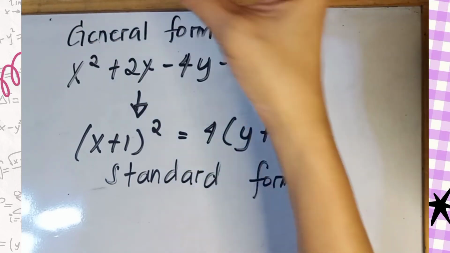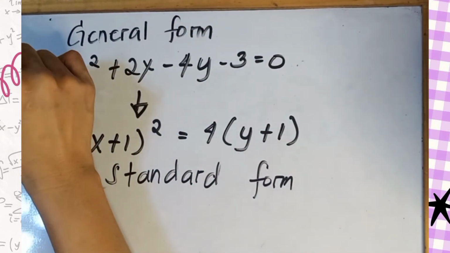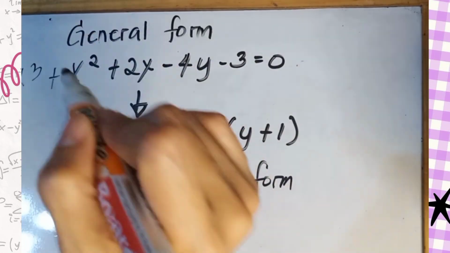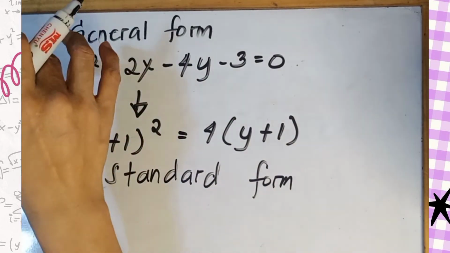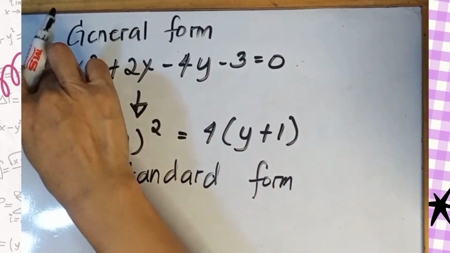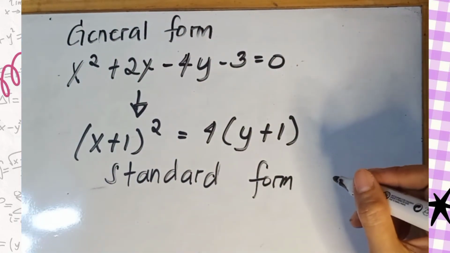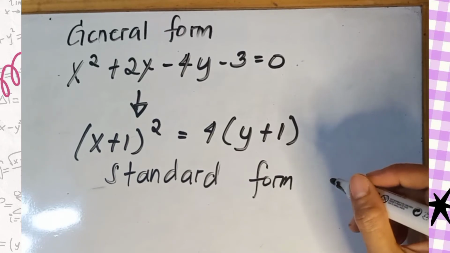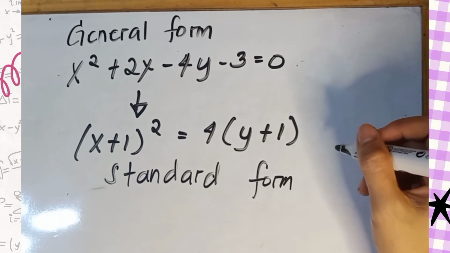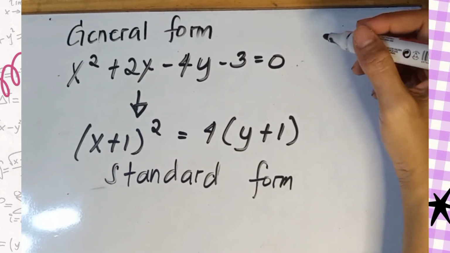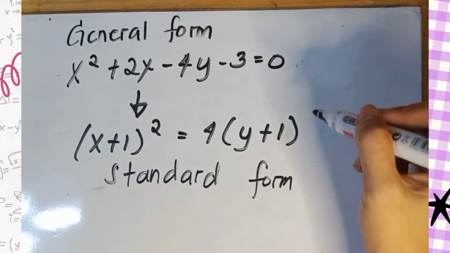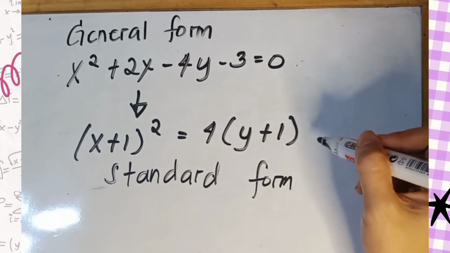Or kung meron siyang cube, nandito siya sa unahan. So, let's say x cubed plus x squared plus 2x negative 4y negative 3. In other words, nasa decreasing order siya. Okay? Kapag naman standard form, syempre, it's not equal to 0 and we usually use the standard form when we are solving equations. Okay, so in our example, x squared plus 2x minus 4y minus 3, paano natin nakuha si standard form?